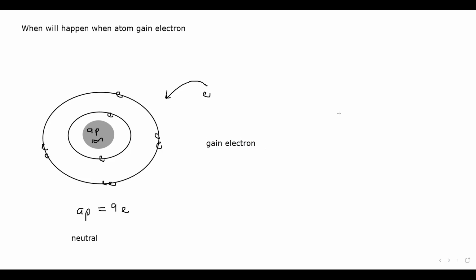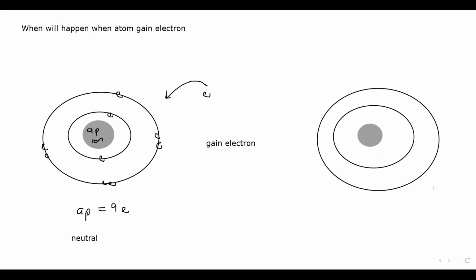Why will it be negative? Because the number of protons is less and the number of electrons is more, so the negative charge increases. There are charged particles, there are positive charged particles, but the net charge, the resultant charge, is negative.